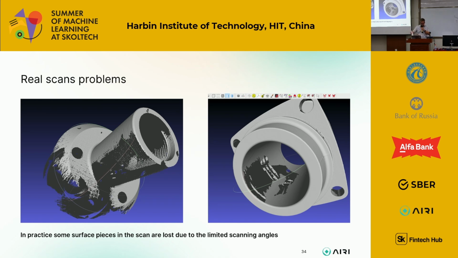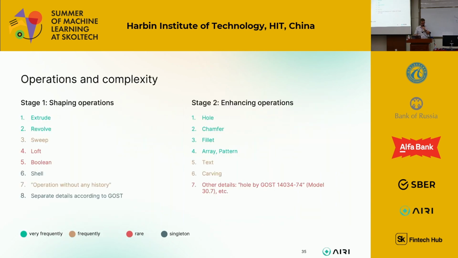Here we can see that different limitations in angles of scanning make it unavailable to give a full representation of the model. And at the same time, the operations and the complexity of the operations that are used for restoring or reconstructing the models are not fully provided in academic data.